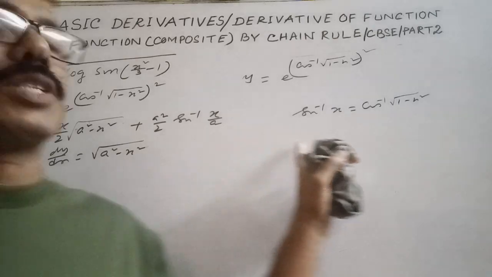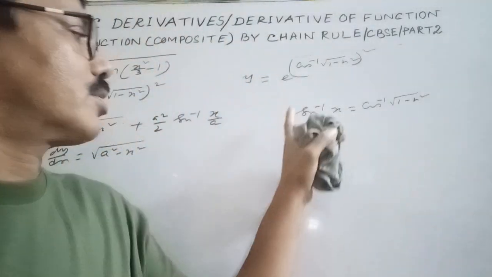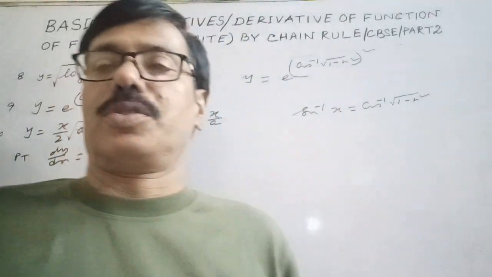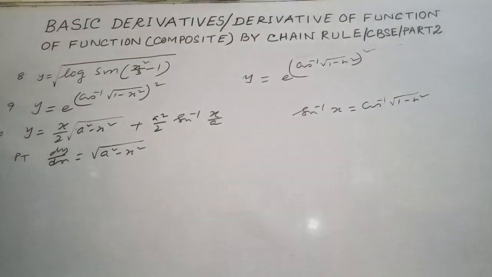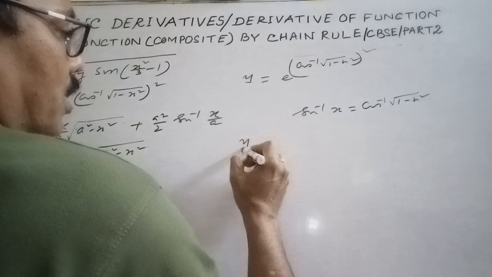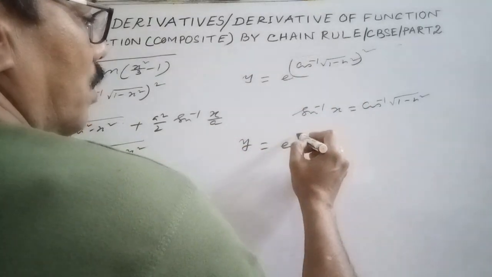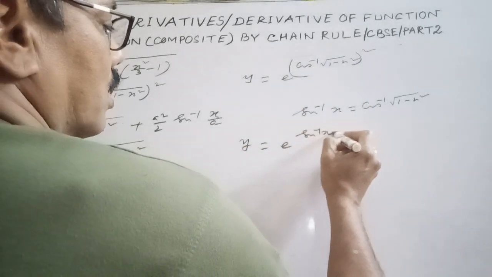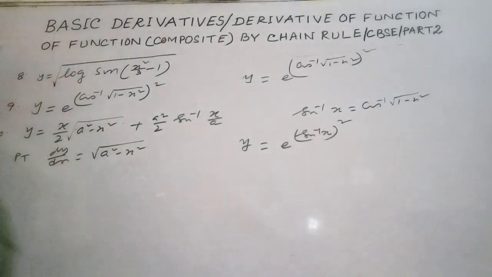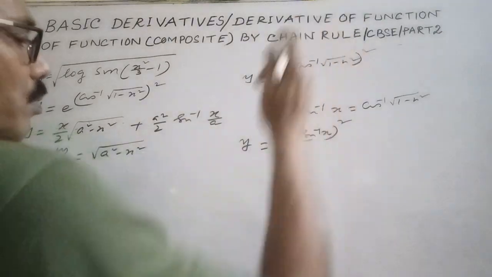If no restriction is given, we take sin inverse x equals cos inverse root over 1 minus x². So, if we simplify it, y equals e to the power sin inverse x whole square. So, this is our simplified form.